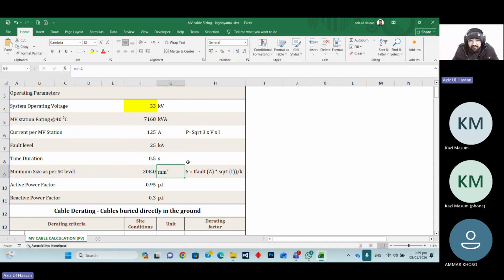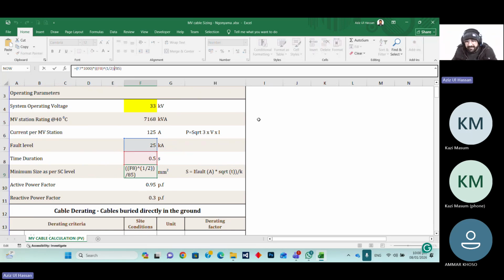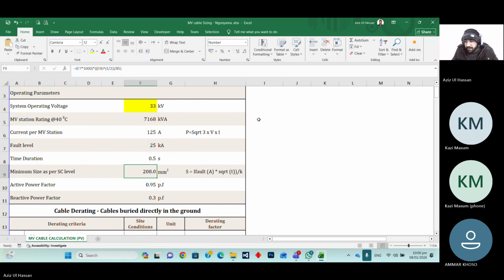This is the formula: the conductor size equals I fault times square root of T, the time, divided by K. K is the value we get from the IEC standard.